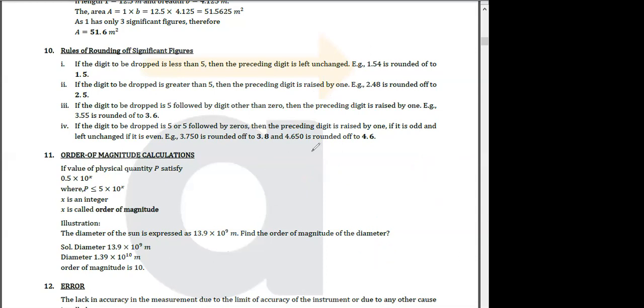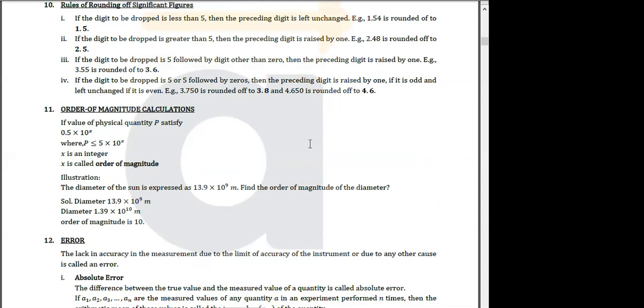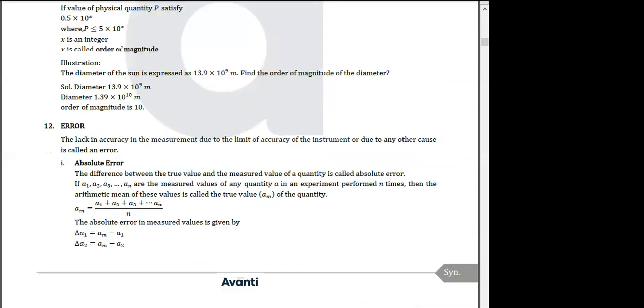Understood? So, absolute error, I guess all of you understood. Anyone have any doubt in this? Absolute error, you can calculate. What's the meaning of absolute error?